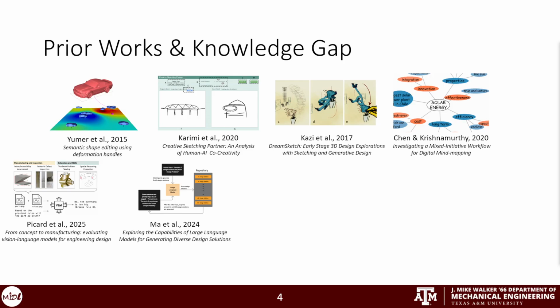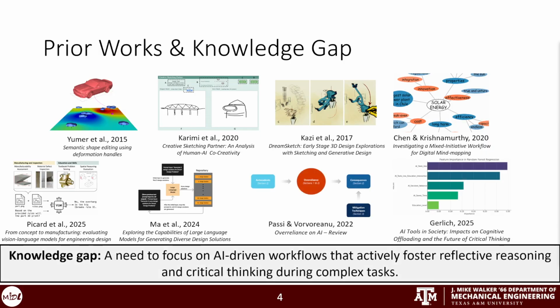But alongside these benefits, there are also negative aspects, where studies show that generative AI tools reduce critical thinking skills and lead to over reliance. So, our goal in this work is to address this gap of understanding of how we can design AI driven workflows that can actively foster reflection and critical thinking in complex tasks.